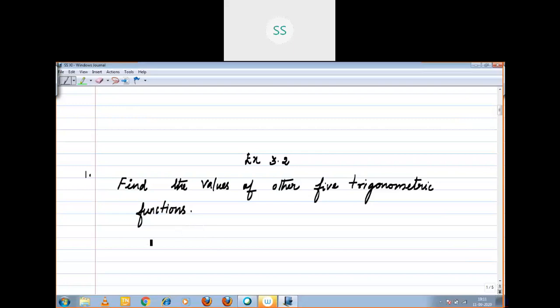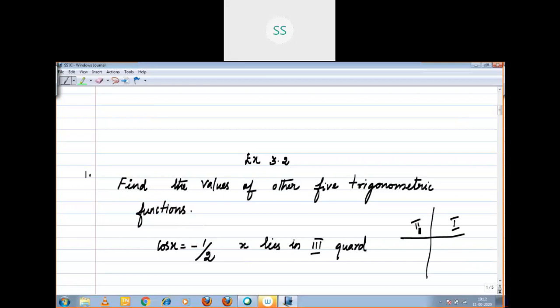Here first it is given as cos x equal to minus 1 by 2, and x lies in the third quadrant. See, first I will explain the quadrant, right? This is the first quadrant, second, third, fourth; anti-clockwise you have to move.